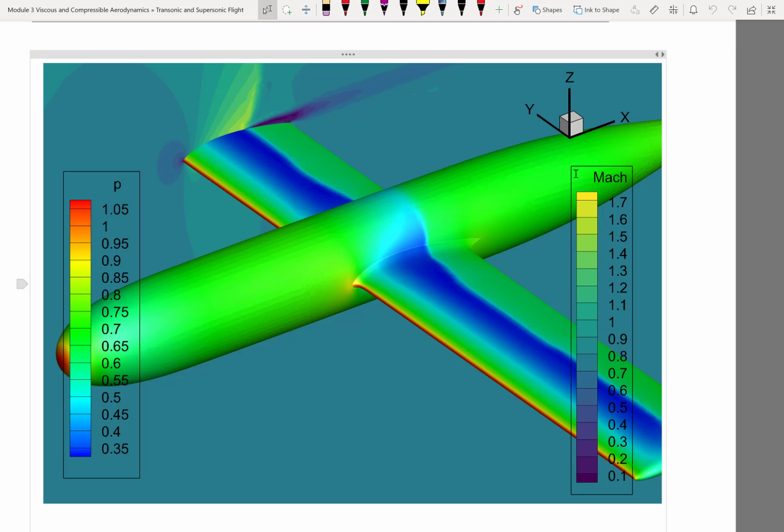Just look at the color: 1 is somewhere along this line. In this entire region, the flow is supersonic.